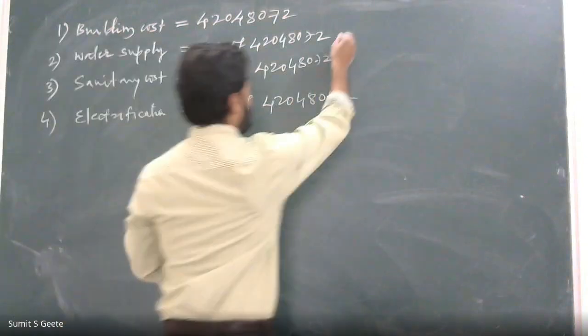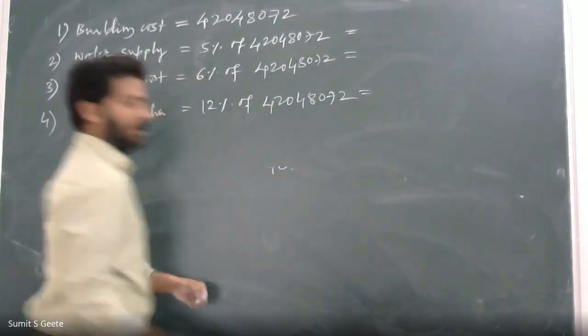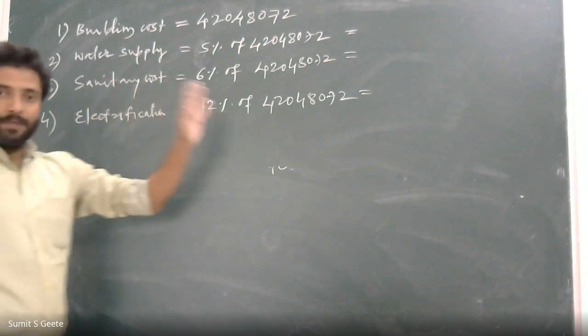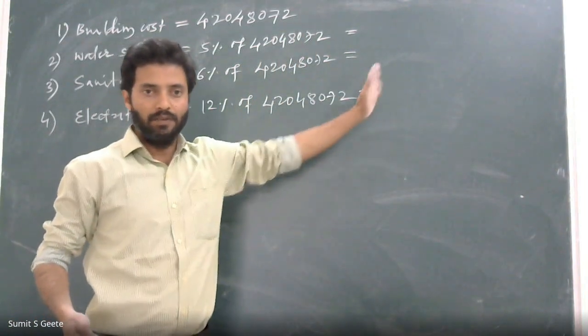So tell me these values one by one, and write down separately. Don't add up. Okay, write down each value separately.